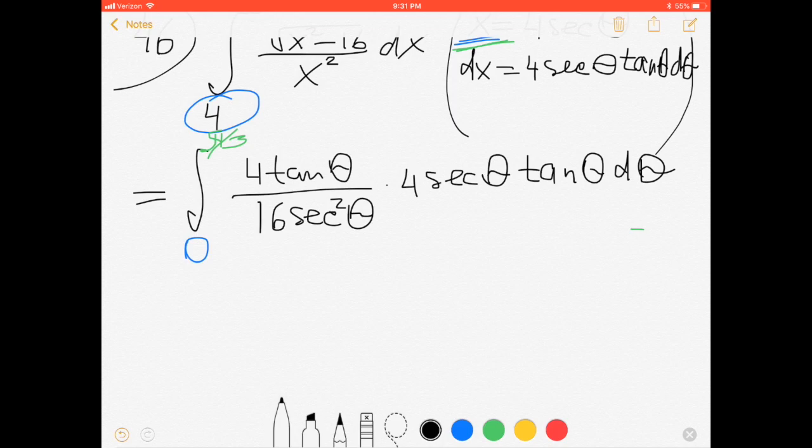Okay, now we simplify a little bit what we have. 4, 4 and 16 cancel. Secant and secant cancel. And here I have tangent square theta divided by secant. It's your choice how it works. You can use substitution, you can use anything, or you can remember a trigonometric identity.